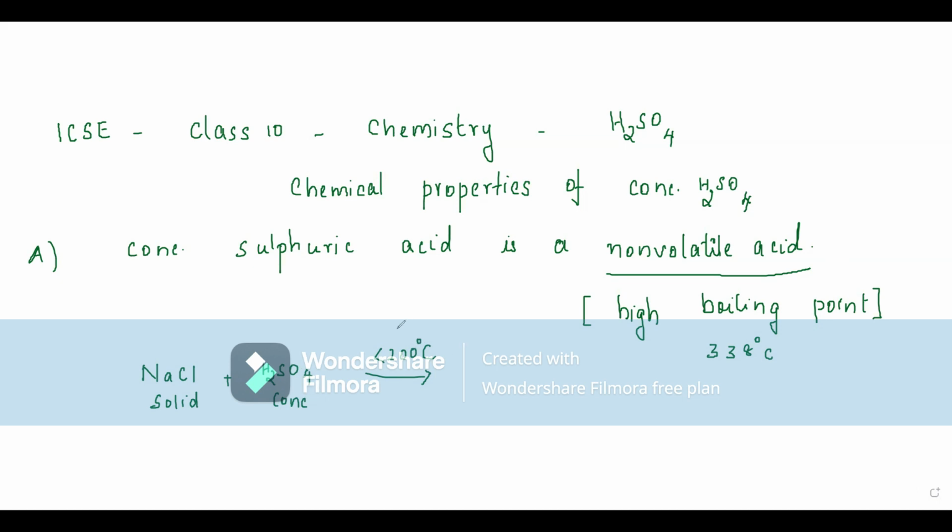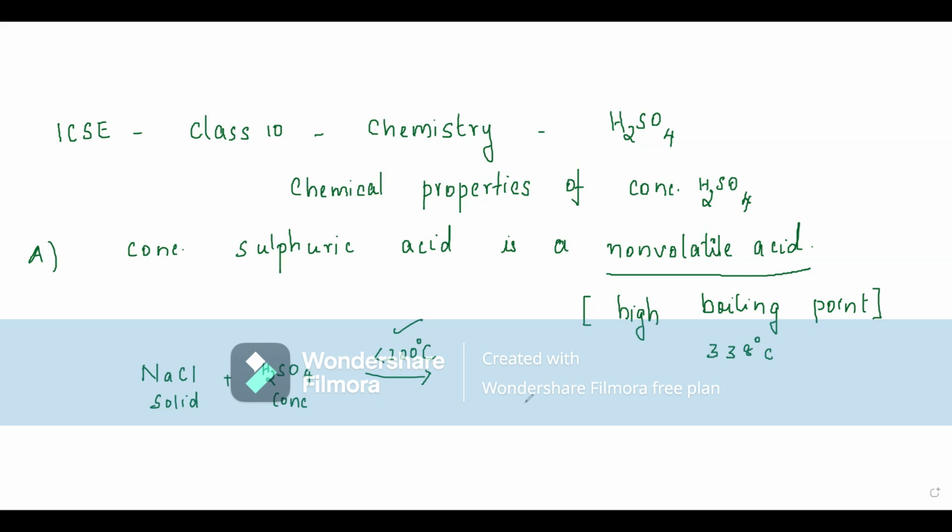See, you are heating the reactants to around 200 degrees Celsius. If sulphuric acid had a boiling point below 200 degrees Celsius, you may end up collecting sulphuric acid vapors also along with HCl vapors.